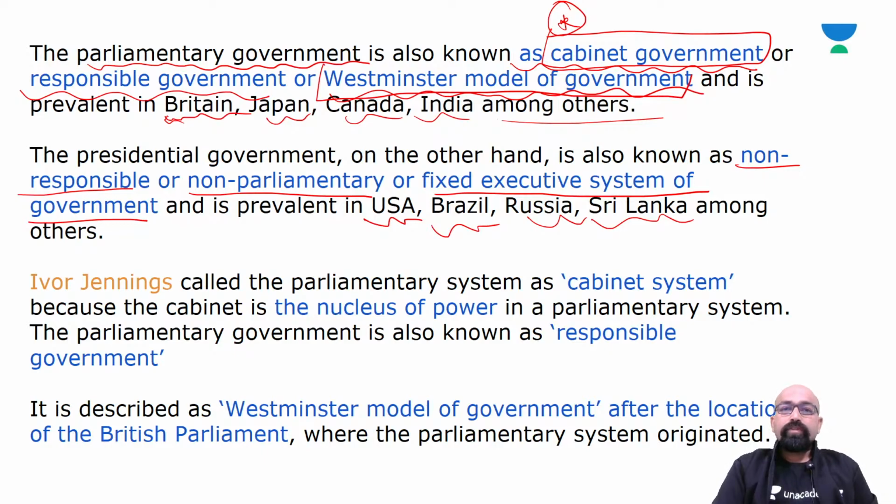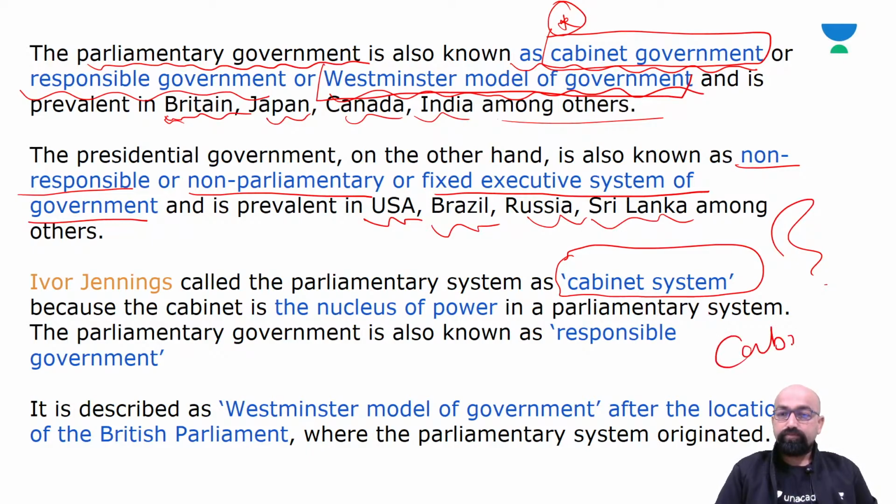Now, experts like Ivor Jennings called the parliamentary system the cabinet system. Friends, you may ask why the parliamentary system is called the cabinet system. It is because the cabinet is the nucleus of power in the parliamentary system.